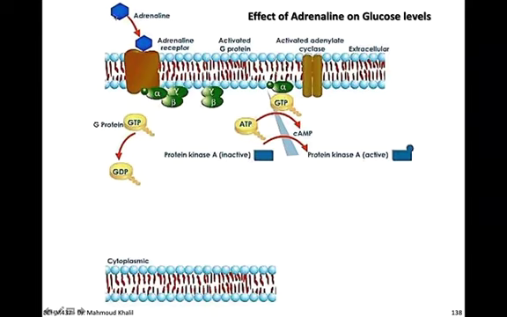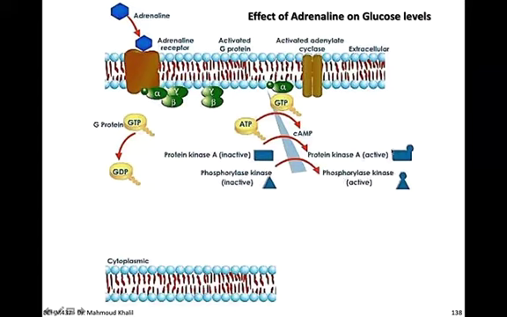You can see the adrenaline binds the receptor, and here you can see the G protein with its 3 subunits alpha, beta, and gamma. Once activated, it is cleaved, and the alpha subunit activates the adenyl cyclase in order to convert the ATP into cyclic AMP. Once the cyclic AMP is formed, it will activate the protein kinase A, which is inactive, into protein kinase A active. You can see the phosphorylation signal is above here.